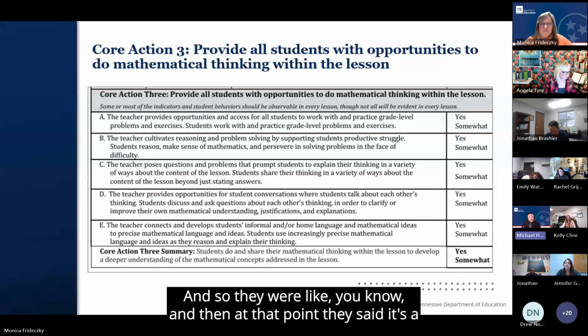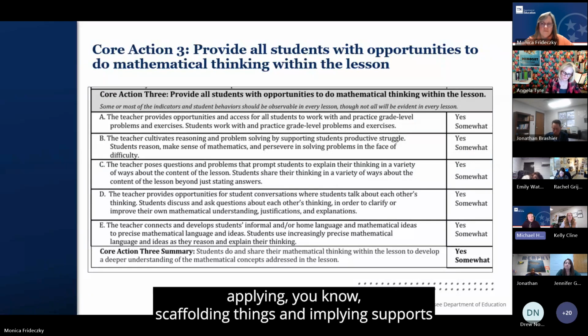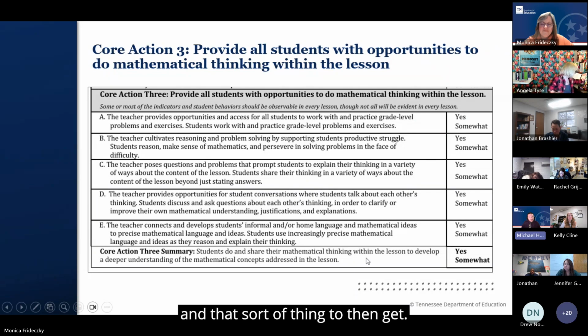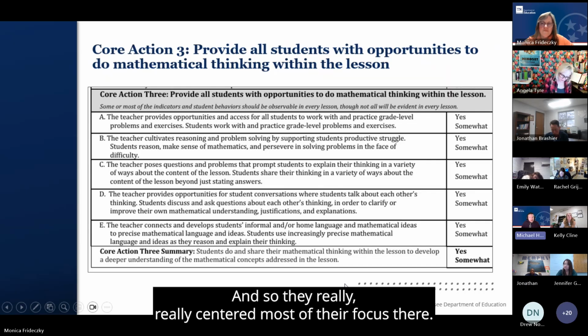And they said it's a very, very fine line of knowing when to start applying scaffolding and supports to get things back on track and get to a position of productive struggle. They really centered most of their focus there.